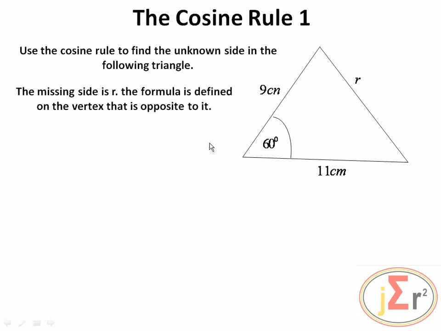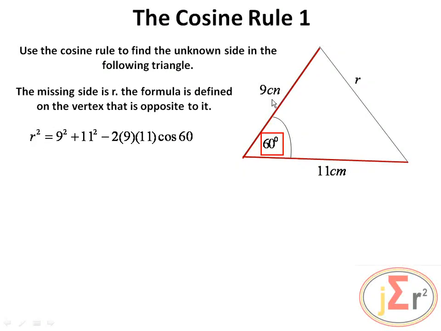So without using the formula, we may just go straight ahead and determine the value of r. The missing side is r. The formula is defined on the vertex that is opposite to it. That vertex, with the two sides and the angle involved. And, of course, without using any formula, what do we write?